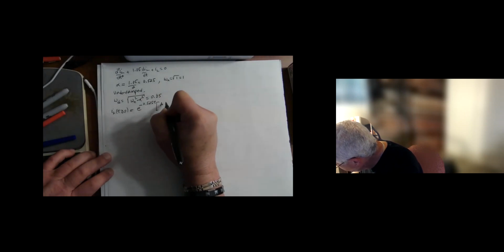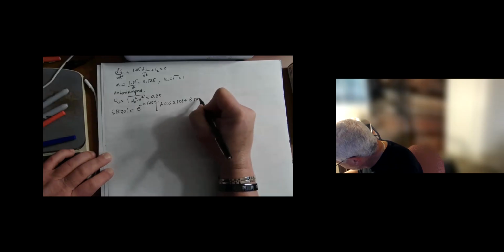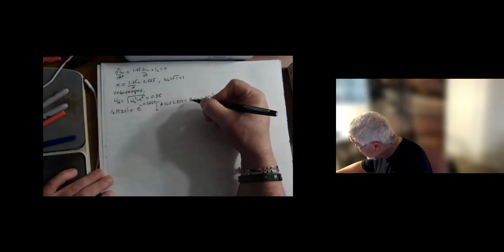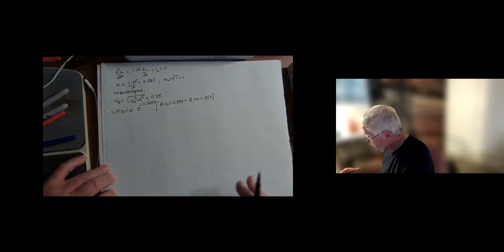And that gives us IL of t for t greater than or equal to 0 as e to the minus 0.525 t times a cosine 0.85 t plus b sine 0.85 t. Okay, so that's essentially the function for the current. We now have to identify a and b, and we need the initial conditions for that.